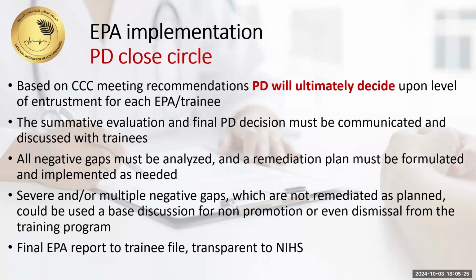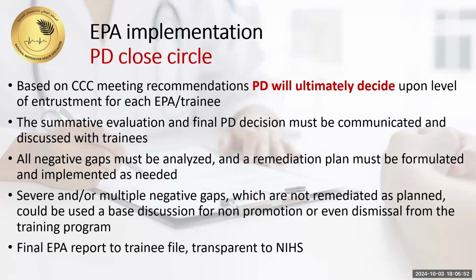But based on the recommendation, the PD is the one who ultimately decides the level of entrustment. The summative evaluation must be communicated and discussed with each trainee. They have to analyze together the negative gaps. They have to put down a remediation plan, and it has to be formulated and implemented according to the trainee's needs.